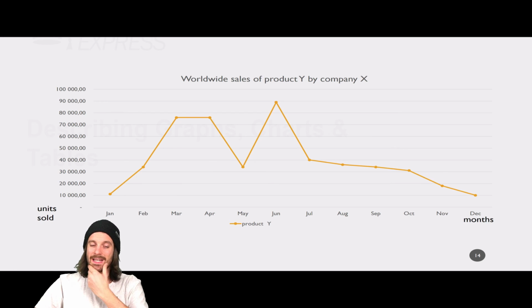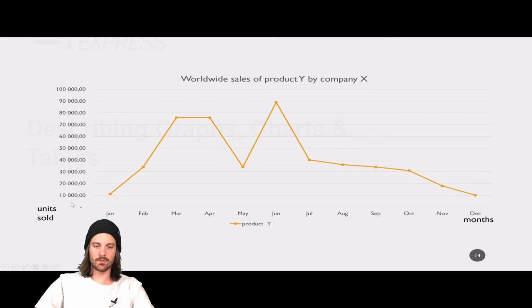In this case we have a graph that increases, stagnates, plummets, then skyrockets, and plummets again, and then kind of slowly decreases. So in this case we have units sold on the vertical axis, and on the horizontal axis we have the months.